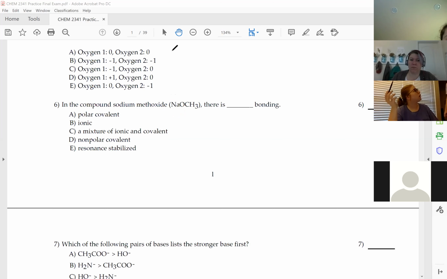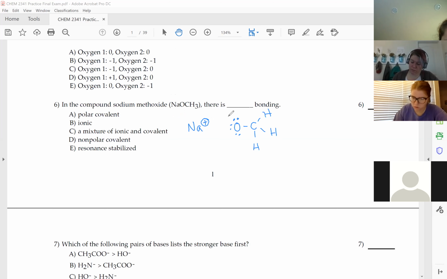Okay, so we know that we have sodium plus, and I'm going to draw out methoxide fully just so we can see the bonding. Methoxide minus. So there is an ionic bond between these two pieces.